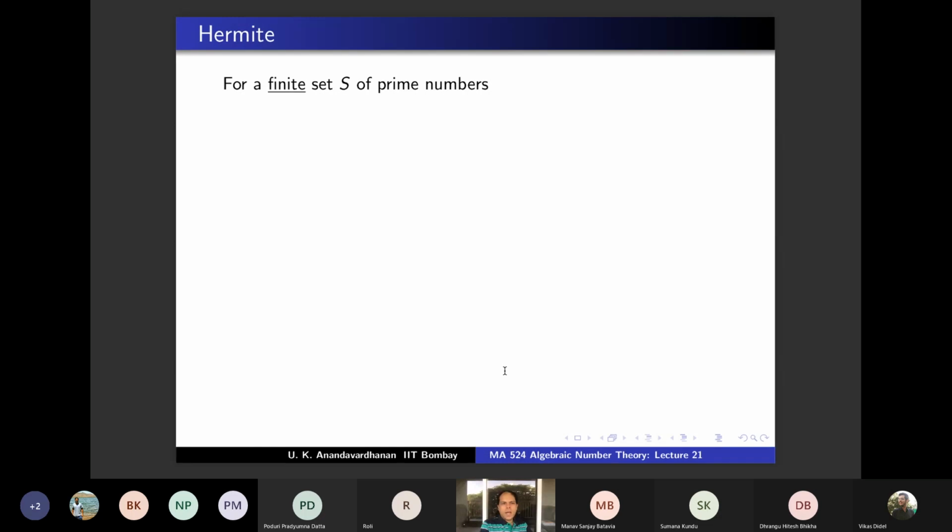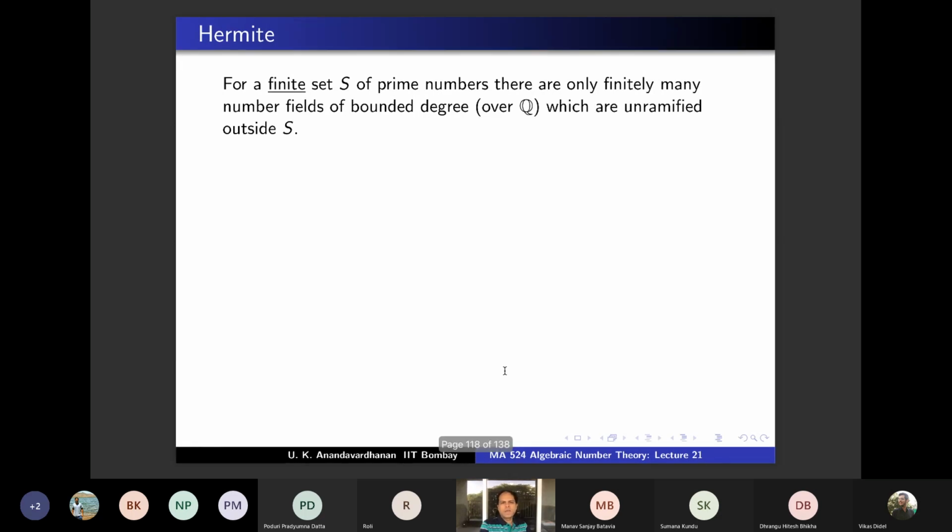Okay, and what Lang calls Hermite's theorem is the following: for a finite set S of prime numbers, there are only finitely many number fields of bounded degree, meaning degree over Q, which are unramified outside S. So all the prime numbers outside S should be unramified in this extension.